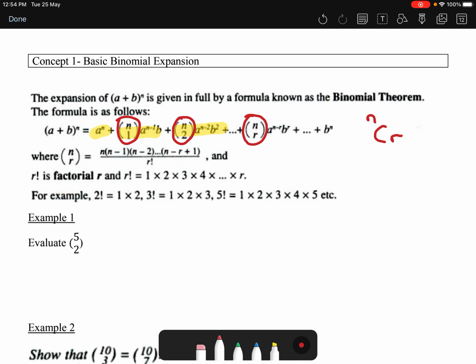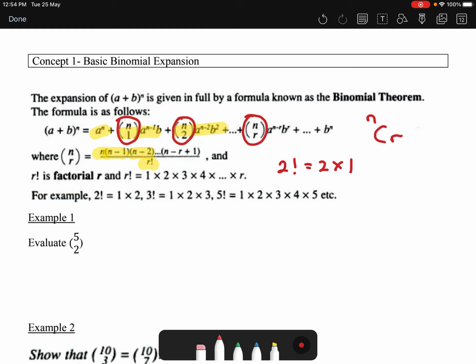So what is n choose r? n choose r is given by this formula: n times n minus 1, n minus 2, and so on until n minus r plus 1, divided by r factorial. Let me give you an example. 2 factorial is 2 times 1.